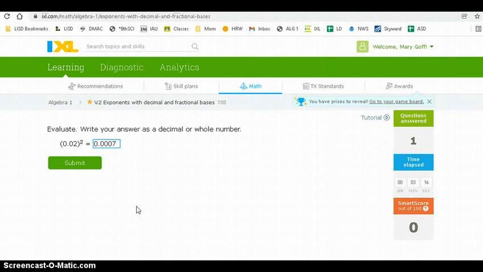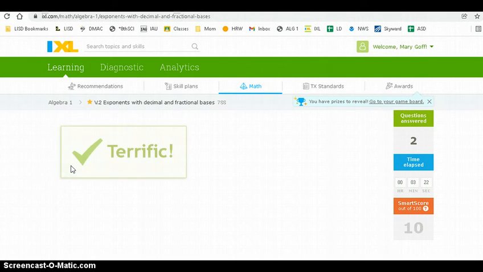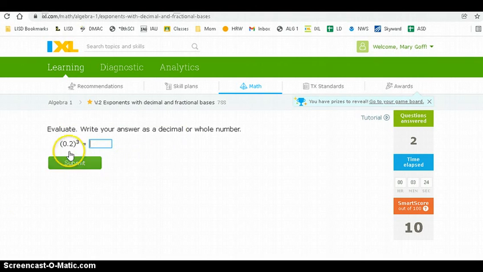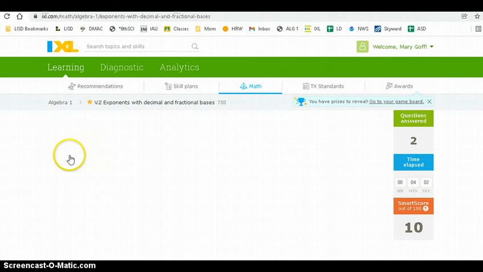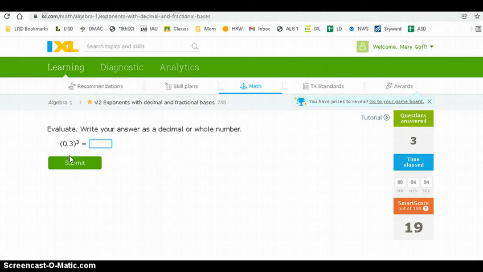Oops, that's not a 4, that's a 7. Terrific. Okay, 0.2 times 0.2 times 0.2. 0.2 times 0.2 is going to be 0.04. 0.04 times 0.2 is going to be 0.008. Hopefully I put enough zeros.